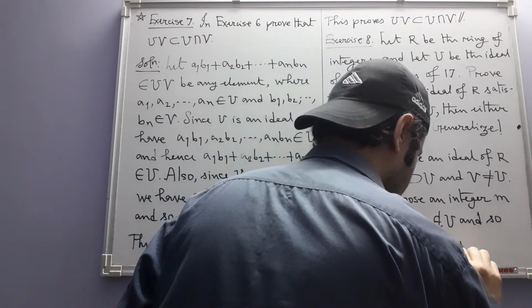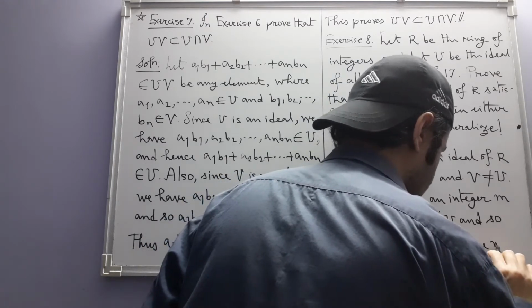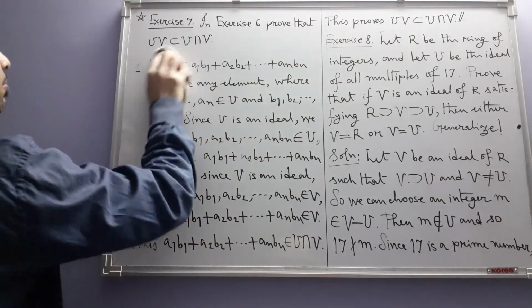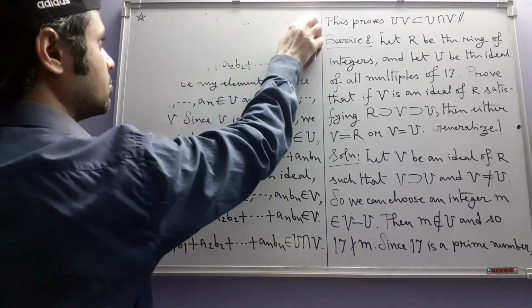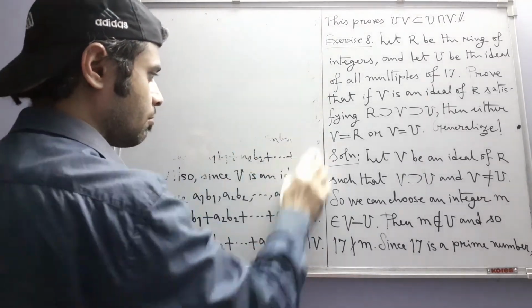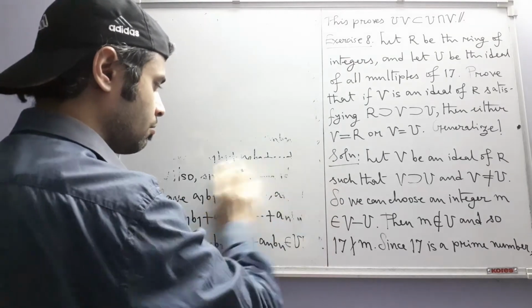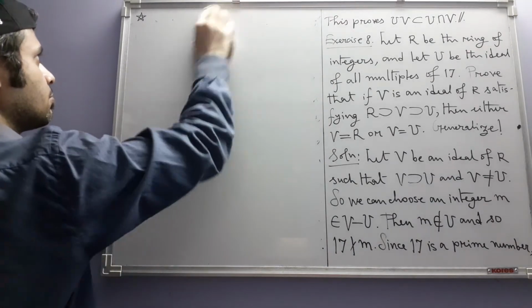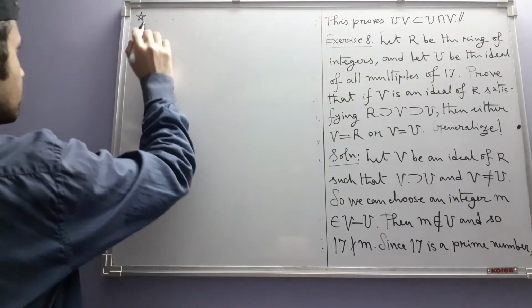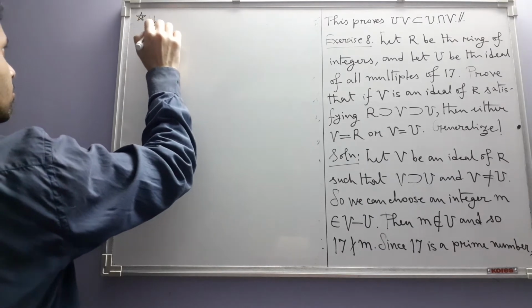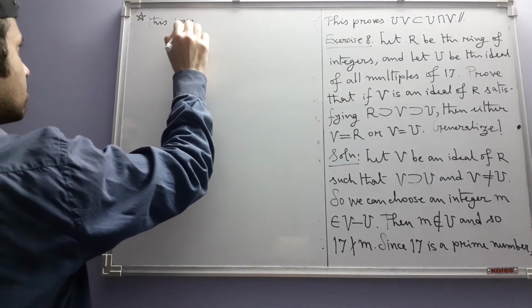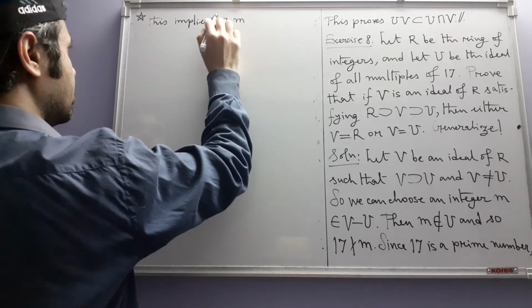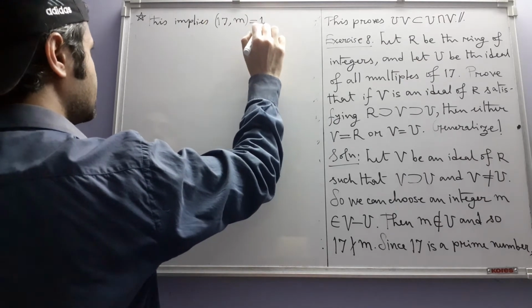Okay. Since 17 is a prime number, this implies that 17 and m are relatively prime, that is their greatest common divisor is 1.